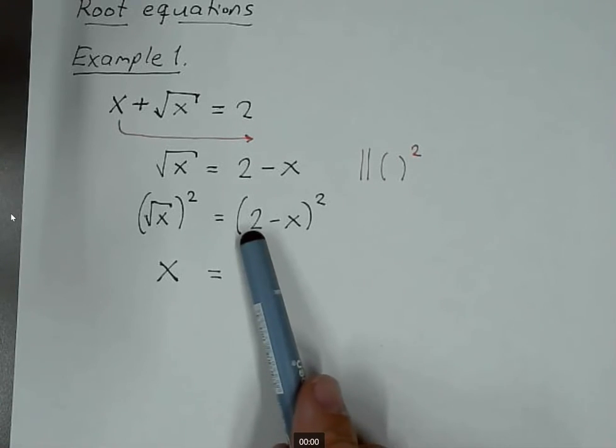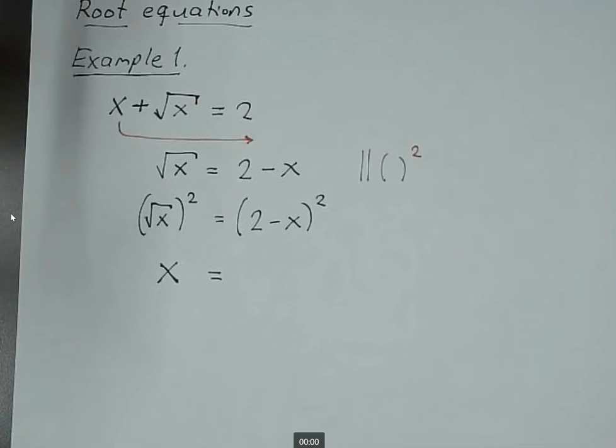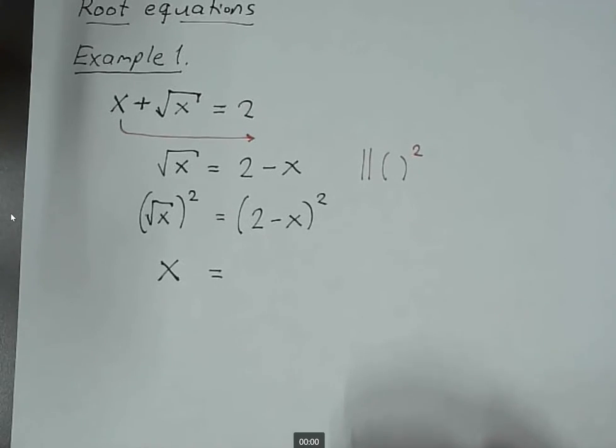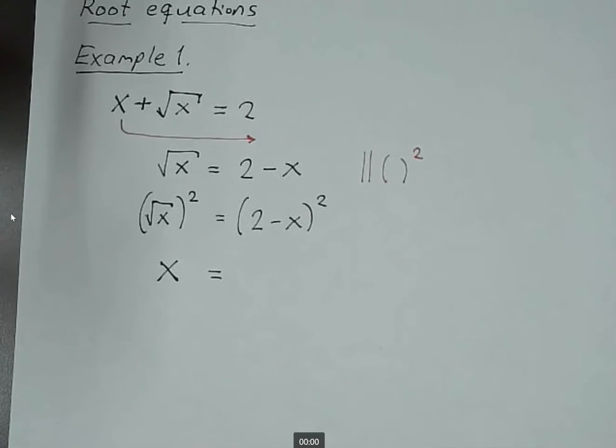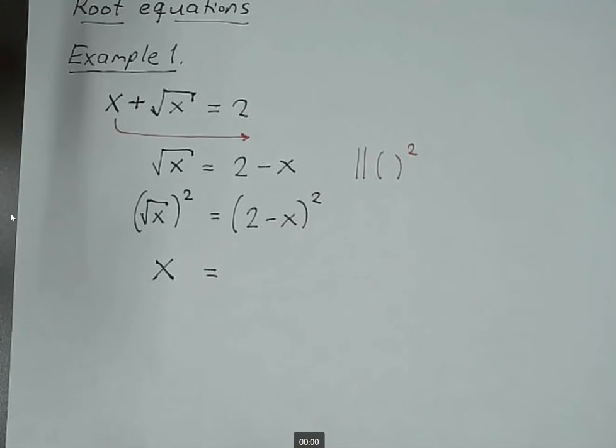And in the right hand side there is a subtraction between two numbers, and we may use the memory rule there. In root equations, many times, mostly when we have square root in the equation, we have one step in our solution where we need to do something like this.